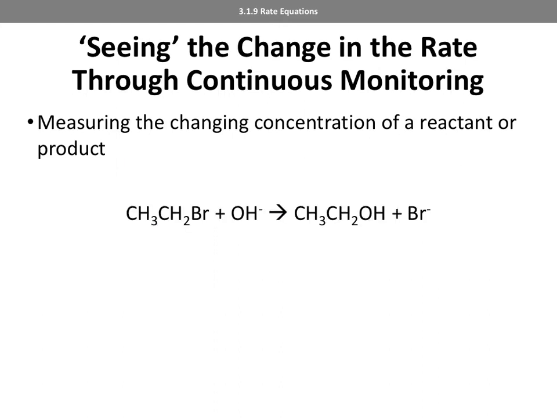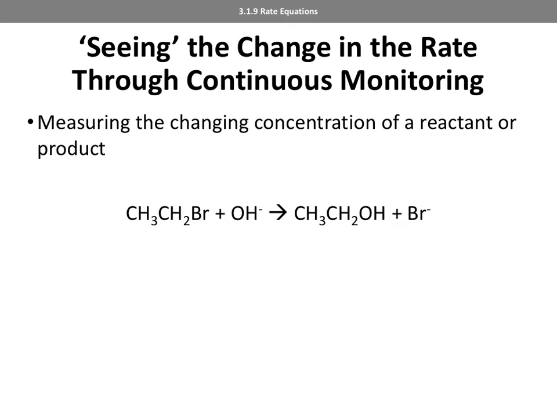So here's an example reaction regarding measuring the changing concentration of a reactant or product. We have our bromoethane reacting with our hydroxide ions. So this is a nucleophilic substitution reaction. We could take samples every however many seconds or minutes.